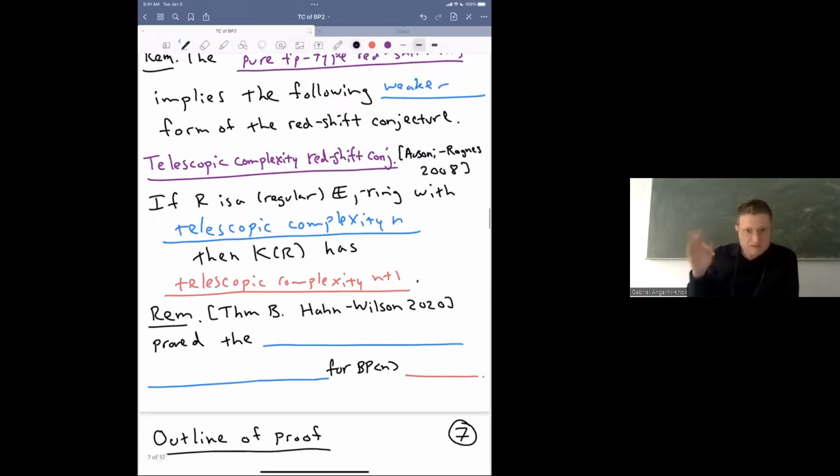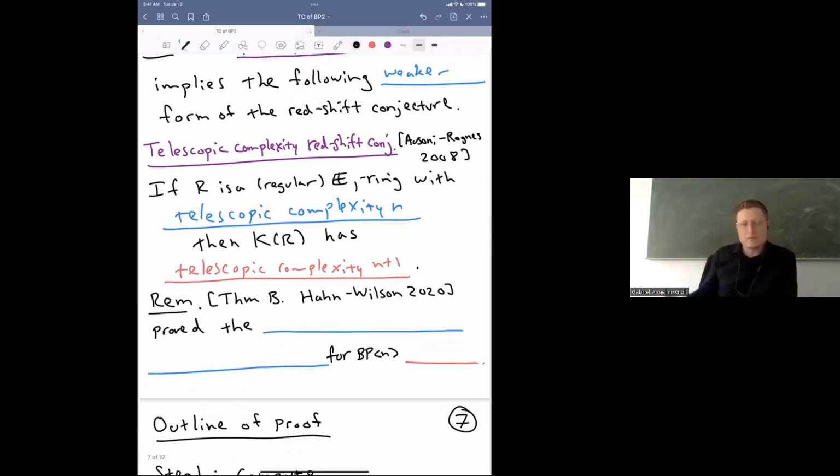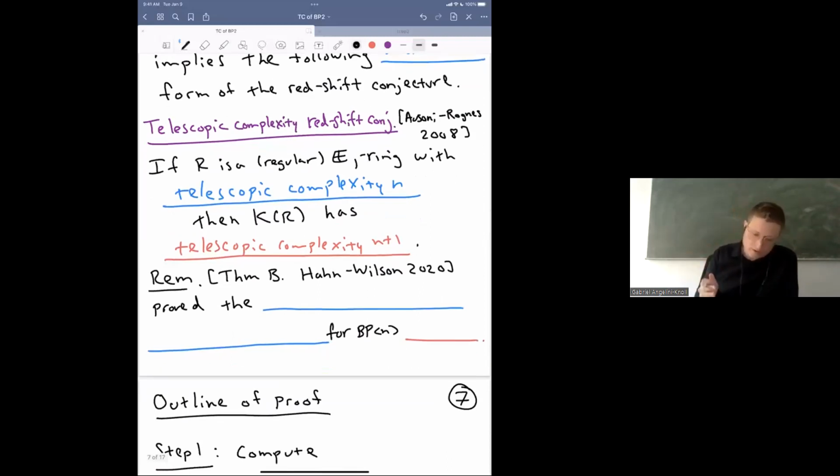So in the same, very impressive paper where they show that BP<n> has the E3 ring structure, they also prove this form of the redshift conjecture for all p and all n. So they also prove the telescopic complexity redshift conjecture for all p and n.